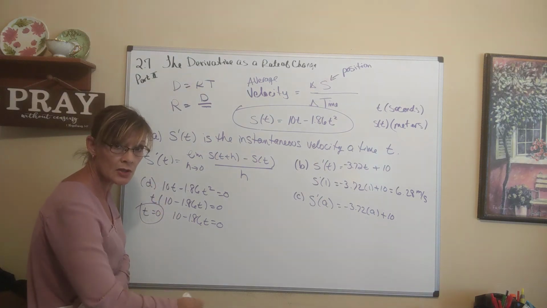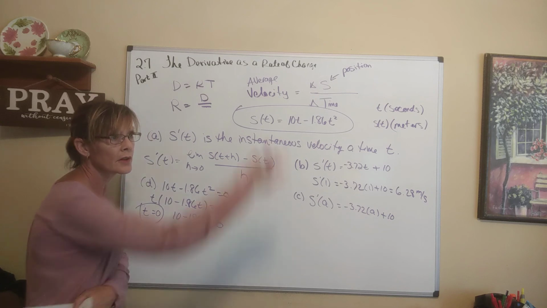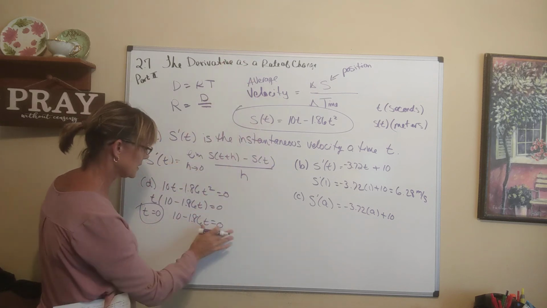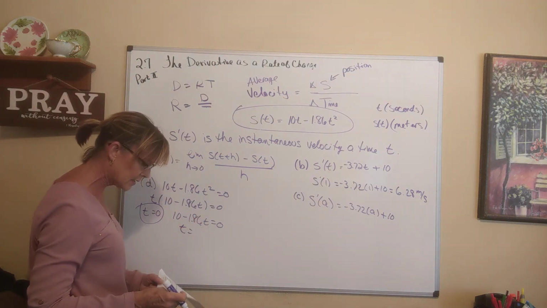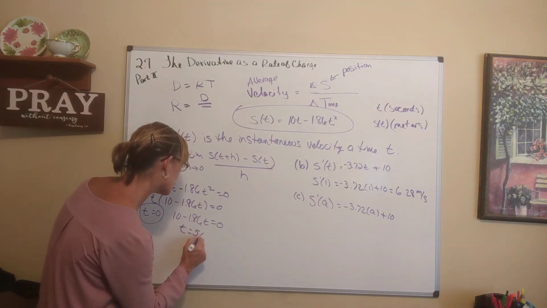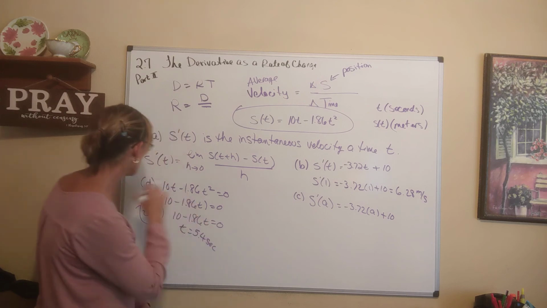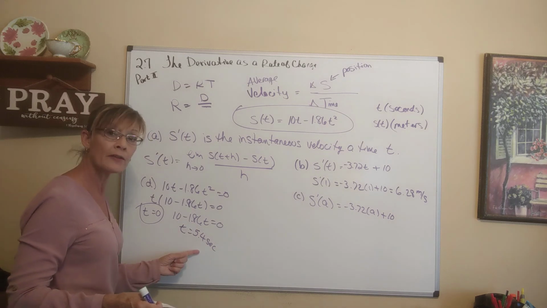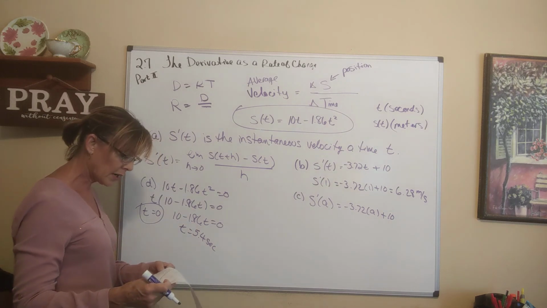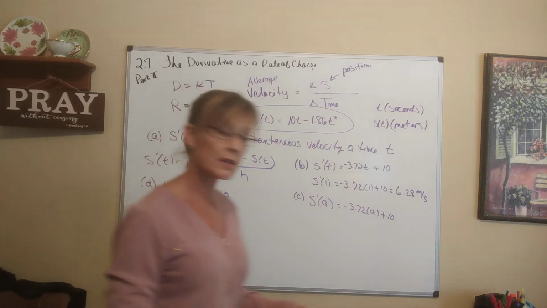That's the first time it's on the ground. And then it's launched from the ground is what this is indicating. And the second time it's on the ground is when t is equal to 5.4 seconds. So the answer to part D, when will the rock hit the surface, is after 5.4 seconds.